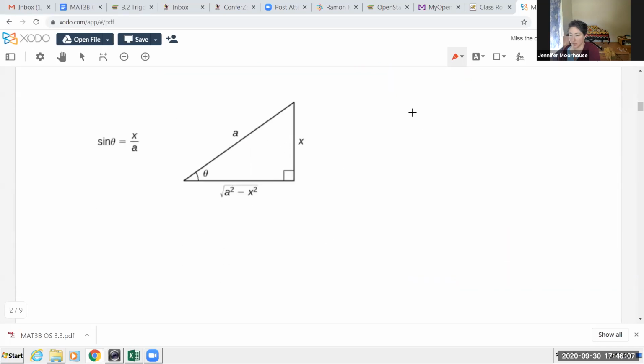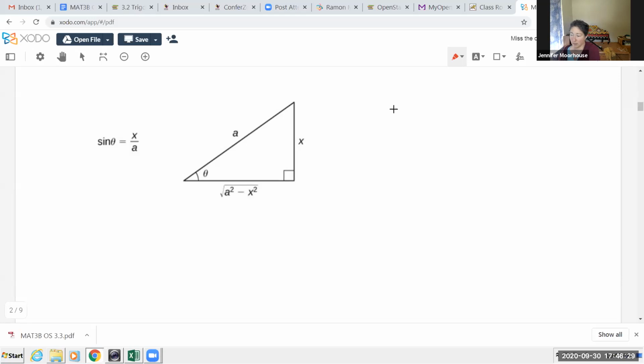so this is just a little reminder of another way of thinking about that substitution, making the sine theta equal to x over a. It's kind of like you're thinking about your triangle.